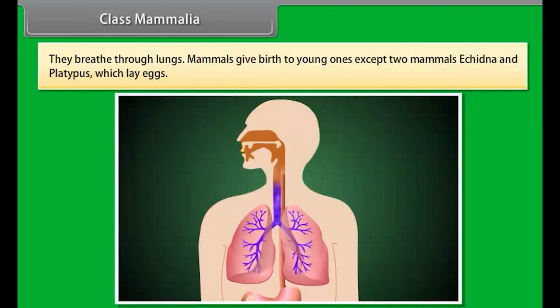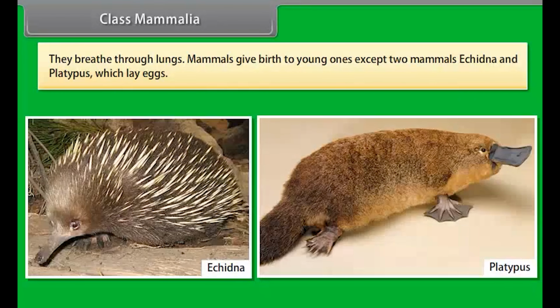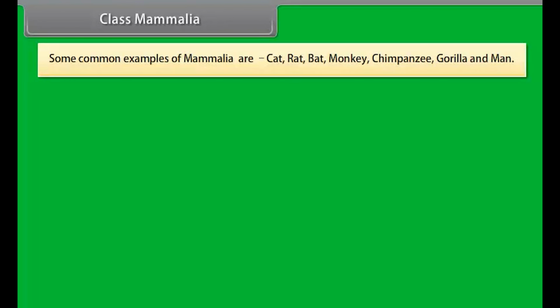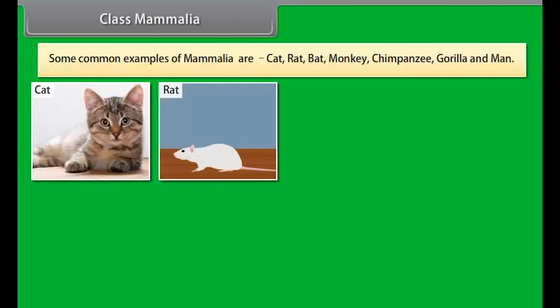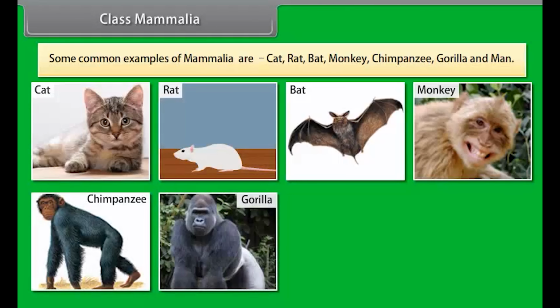They breathe through lungs. Mammals give birth to young ones except two mammals, Echidna and Platypus, which lay eggs. Some common examples of Mammalia are cat, rat, bat, monkey, chimpanzee, gorilla, and man.